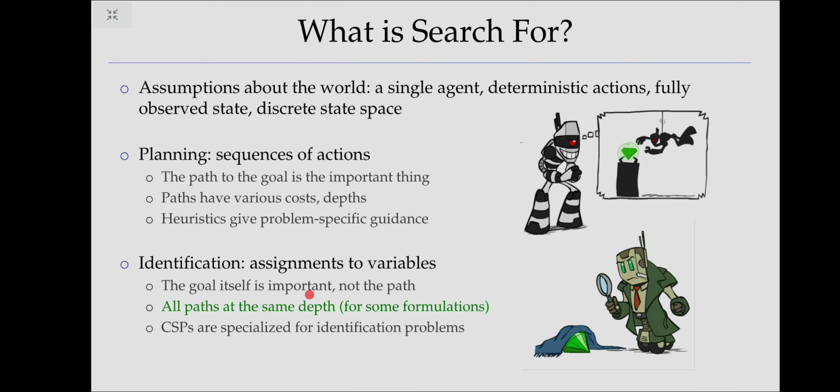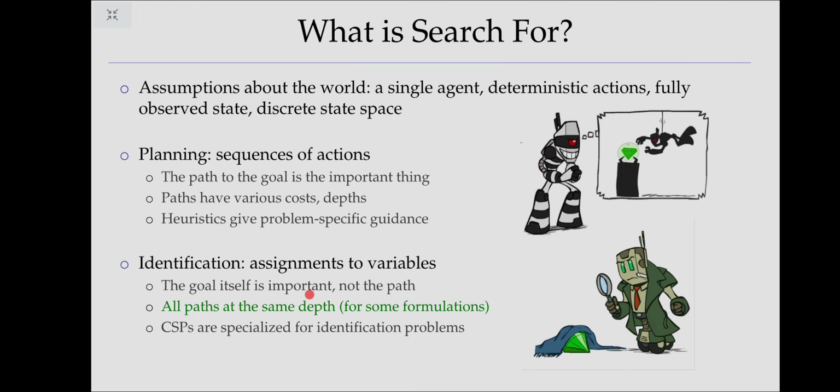This is a kind of identification problem, not a planning problem. For a planning problem, we define a path to select step by step to reach the goal. This is a plan. But for identification, I identify it as a smartphone.